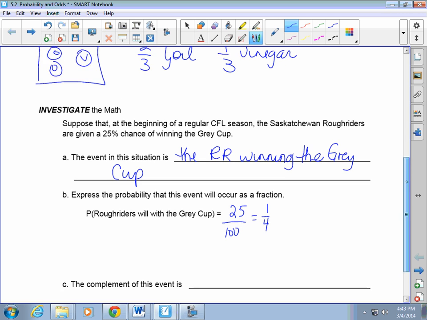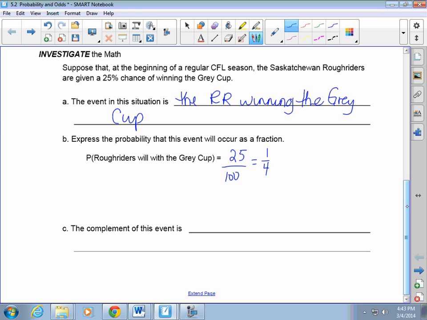The complement of this event, if you remember back from last chapter, the complement of an event is the opposite, or the not happening. So the complement of this event would be that the Roughriders are not winning the Grey Cup.